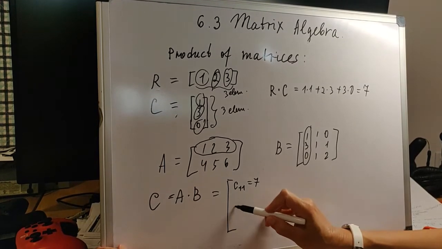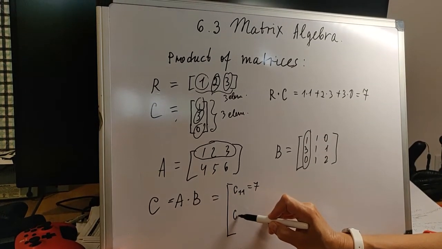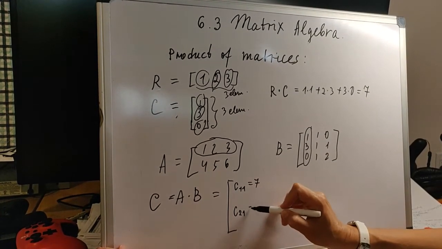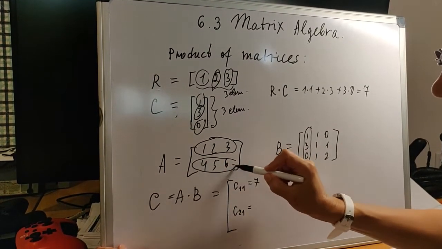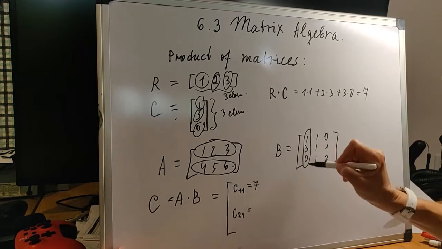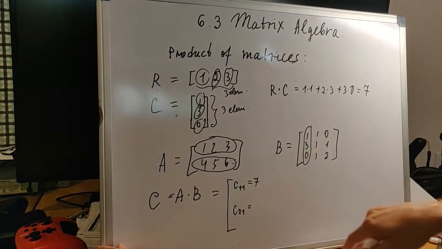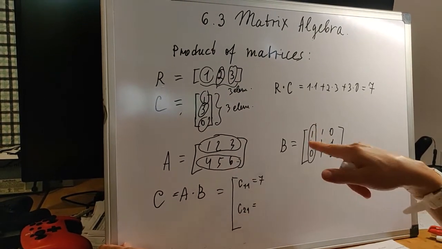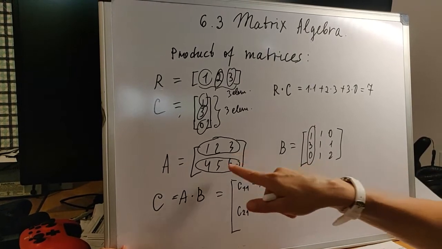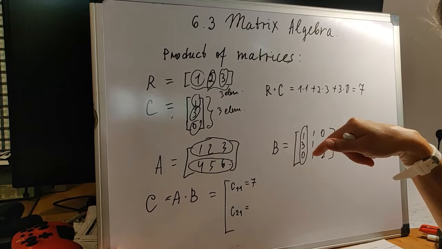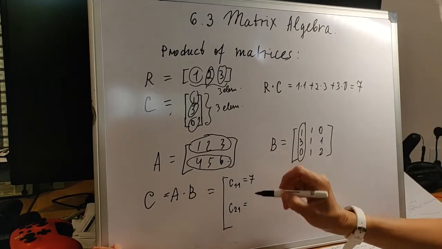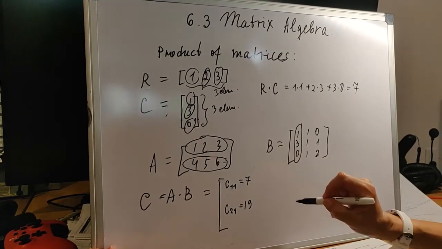Now, for the next element, C21, the second row and the first column, I'm going to multiply the second row by the first column, exactly as I was doing over here. So I'm going to multiply 4 by 1, which gives 4. 5 by 3 is 15, so it's going to give me 19. I'm going to write down 19 over here.